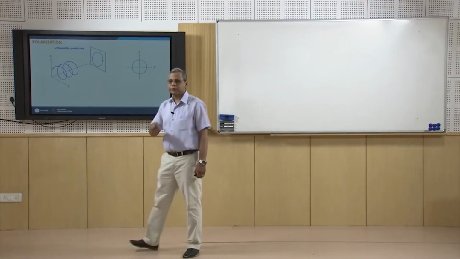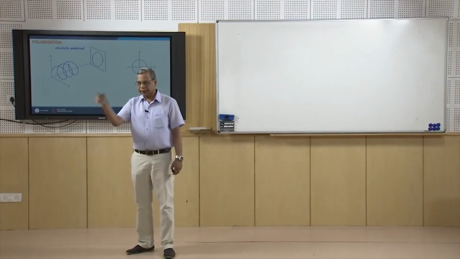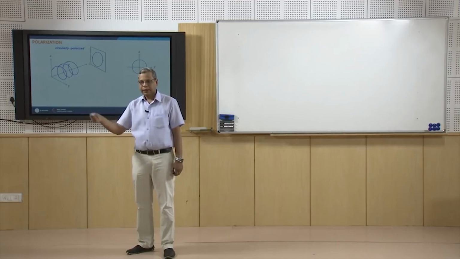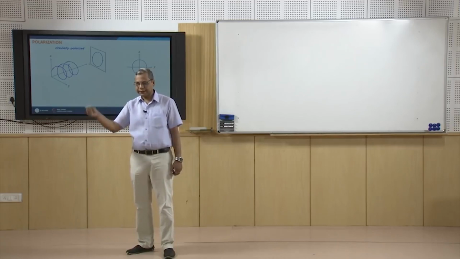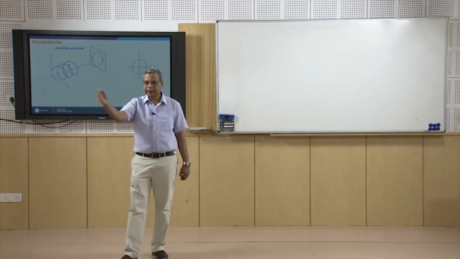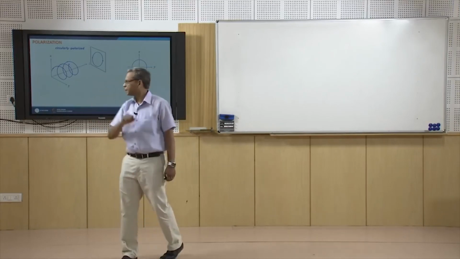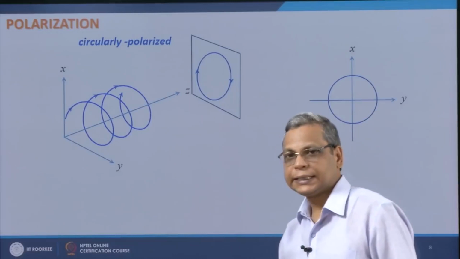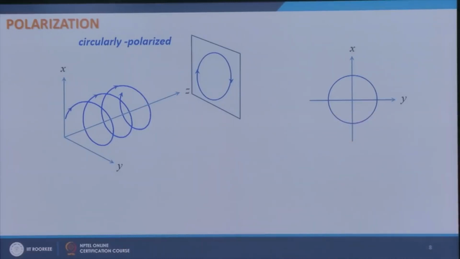I have another possibility. I can shake the string like this. Again, the movement of my hand is confined to xy plane, and I am shaking the string like this, and I generate a wave like this. Then it is known as circularly polarized light.